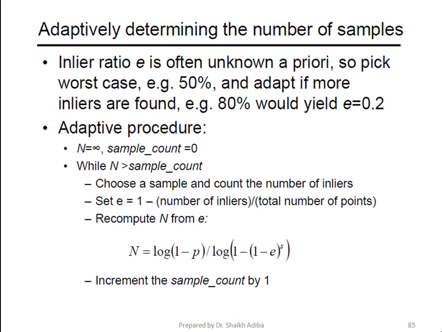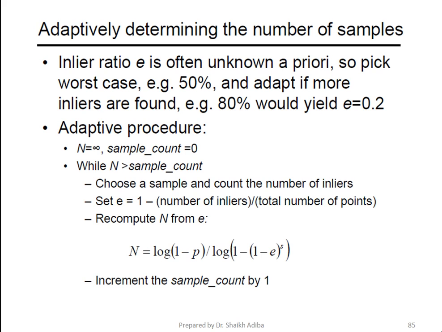Here we have an adaptive method where we determine the number of samples by picking the worst case at the very beginning. So let us assume that the inlier ratio E is at its worst because we don't know beforehand the value of the inlier ratio. So we pick the worst case as 50% inliers and 50% of the data elements are outliers.